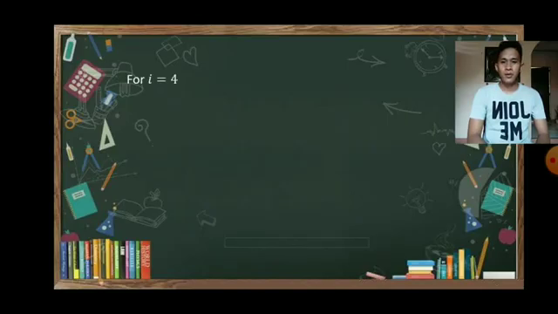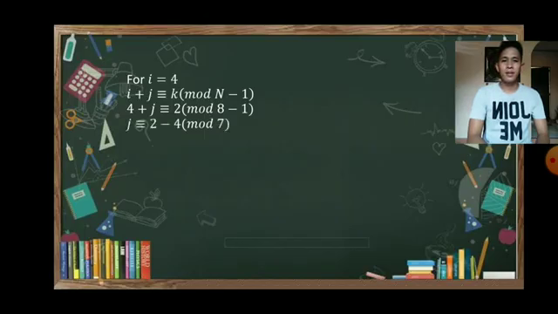For i equals 4, which is i plus j congruent to k mod n minus 1. Substitute the value of i, which is 4: 4 plus j is congruent to 2 mod 8 minus 1. j is congruent to 2 minus 4 mod 7. j is congruent to negative 2 mod 7. j is congruent to 5 mod 7.